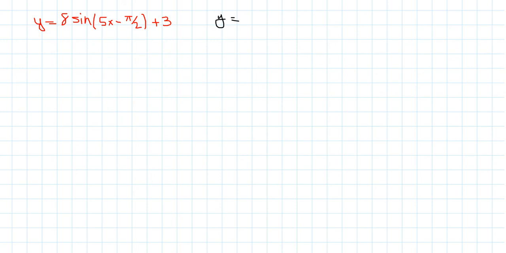y equal 8 sine(5x minus pi over 2). I only need to find it. I have a shift on the x-axis, so I only need to find where 5x minus pi over 2 is 0, so y equals 0.